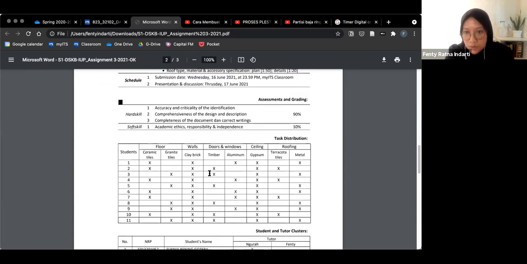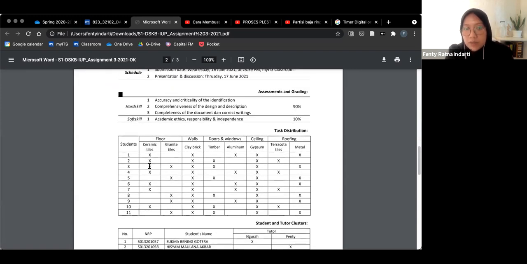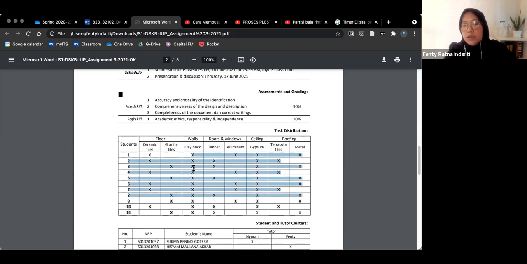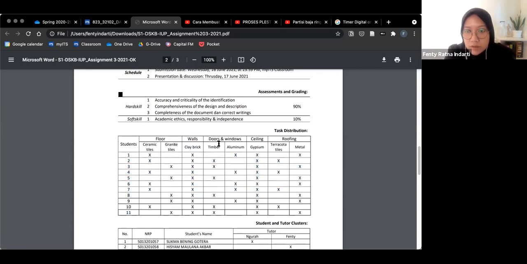This is the distribution of the task. There are several materials that will be given to you. Luckily, you only have one type of wall, which is clay brick. So all of you will use that for walls, and the others will be considered based on this, like doors and windows using timber and aluminum.